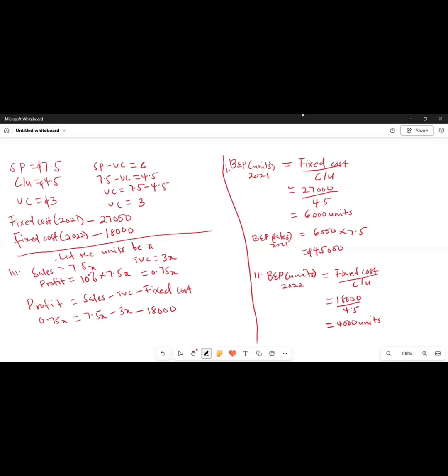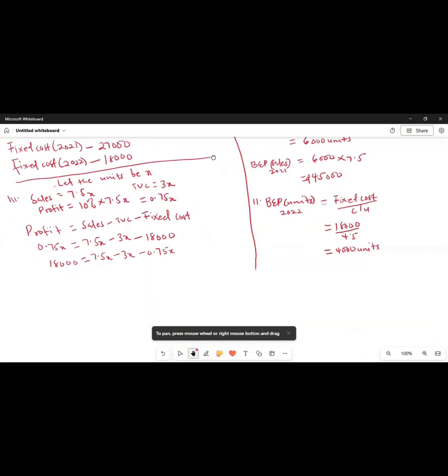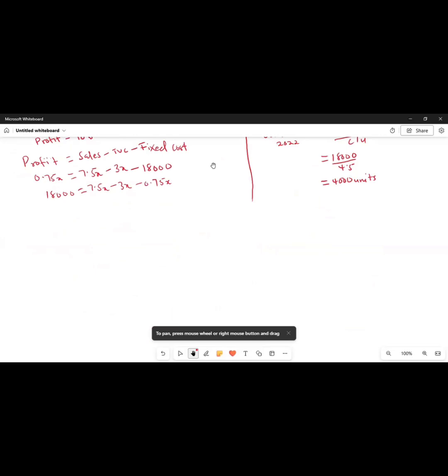So we are going to bring this 18,000 to the left side and bring this 0.75x to the right side minus 3x. When we do this subtraction, 7.5 minus 3 minus 0.75 will give us 3.75.